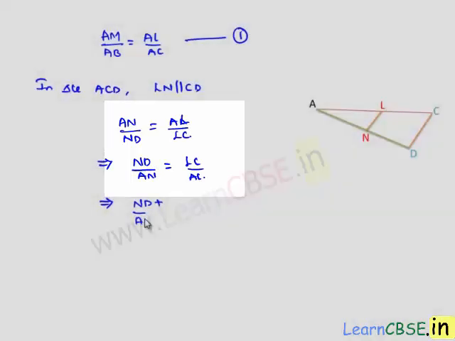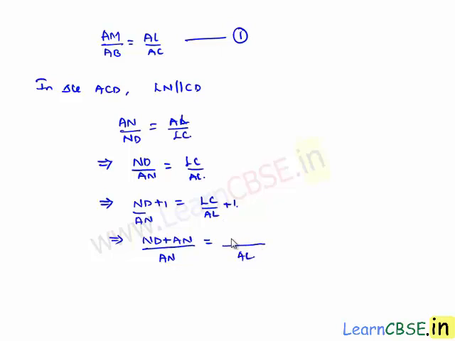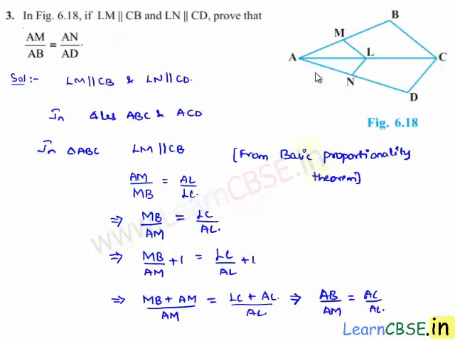ND by AN plus 1 is equal to LC by AL plus 1, which implies by taking AN as LCM we get the numerator as ND plus AN whole divided by AN, which is equal to, taking AL as LCM here, the numerator LC plus AL, which implies ND plus AN is nothing but AD and LC plus AL is nothing but AC.